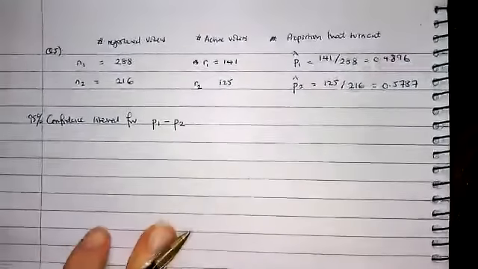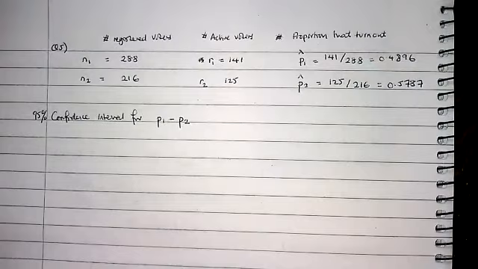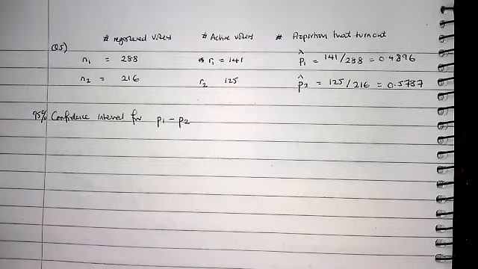We obviously don't know exactly what proportion of people vote in the two areas. We've only got our subsamples to observe. And from these, we want to come up with a 95% confidence interval for the difference between the actual proportions in the two areas.